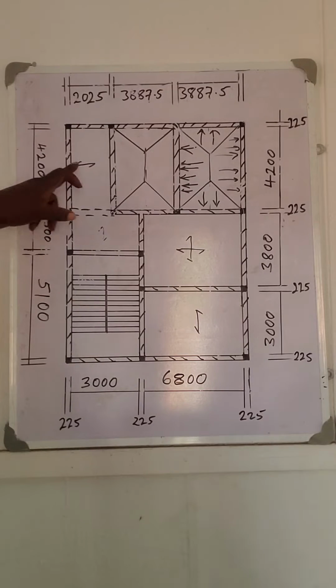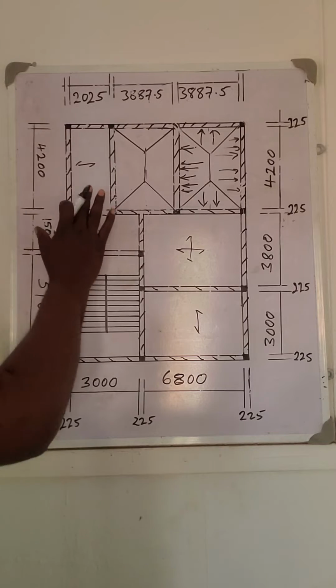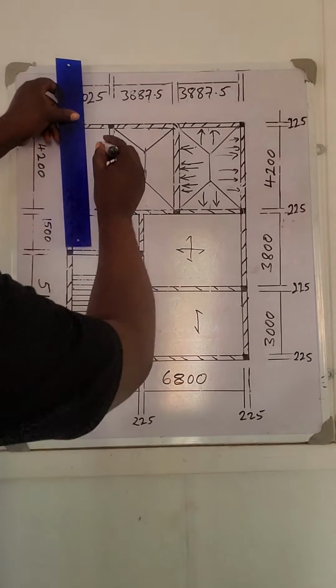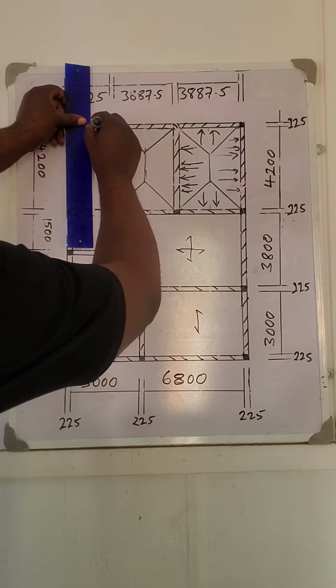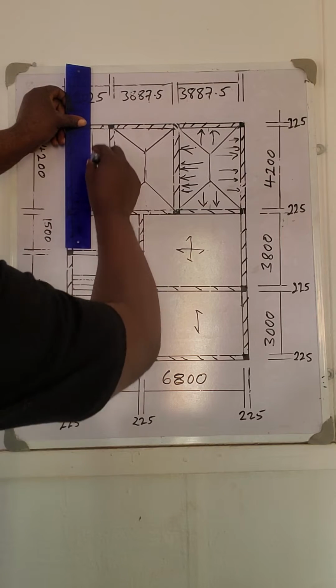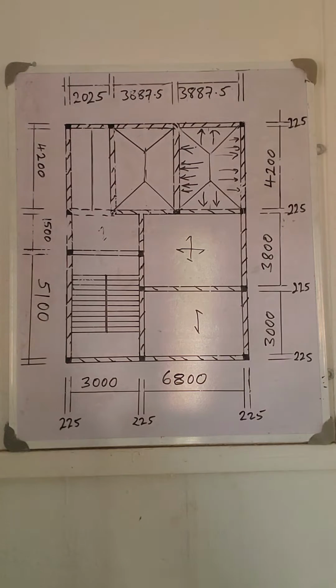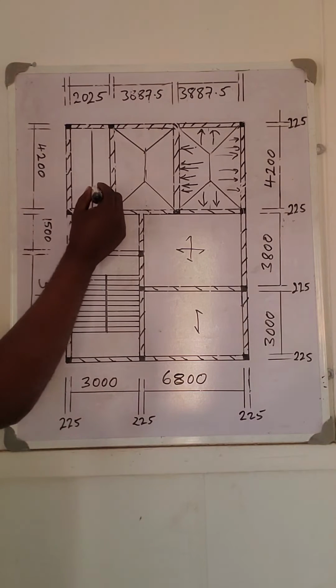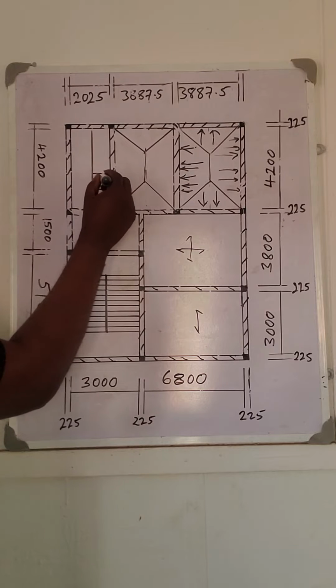So this is a one-way slab. A one-way slab distributes loads by sharing it into two. Half will distribute to this one. This is how a one-way slab distributes load to a beam.